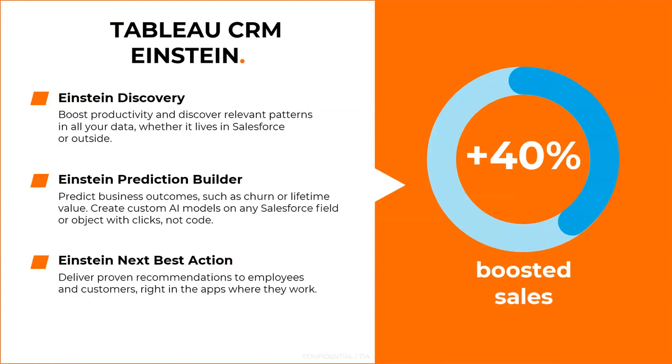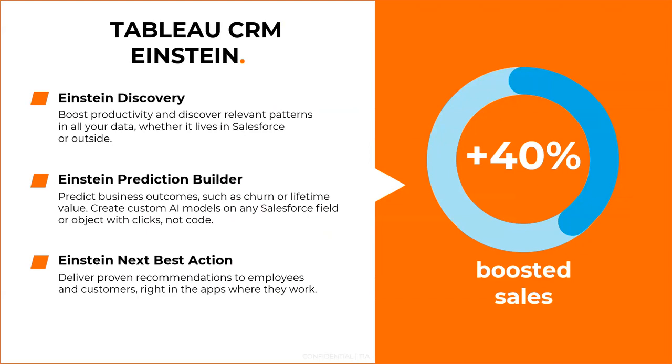So Einstein Discovery augments your data analysis with the power of machine learning, artificial intelligence, and statistical analysis. Einstein Discovery quickly analyzes your data and detects patterns and themes. It shows you the most important insights using visualizations and explanations that are easy for business users to understand.